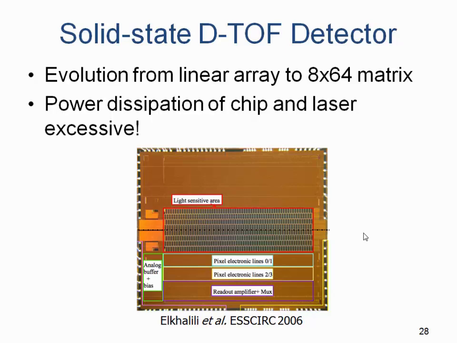And the reason is very simple. There is a very large power dissipation requirement for the chip because of the presence of all these devices on chip. And also because the light is not being amplified in any way, it is essentially requiring very large power on the laser side. And essentially this is the main stopping point that made sure that the chips could not grow that much.